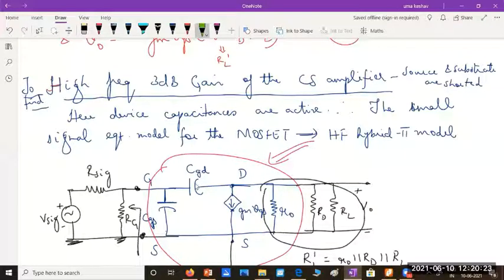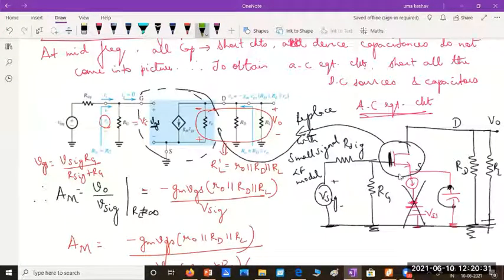So we will be replacing the MOSFET which we have in this circuit using its high frequency model. So remember, we had written the high frequency model of MOSFET. We'll be replacing this MOSFET with the high frequency model, and the remaining elements we bring down from this circuit to the new small signal model.